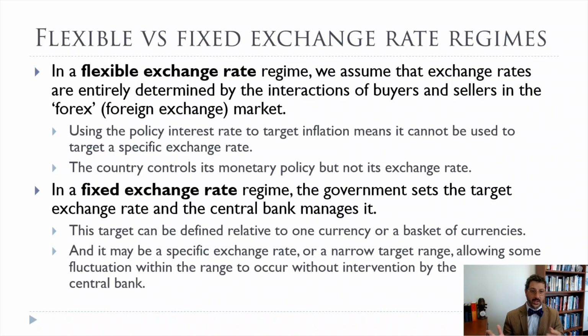So if you go back even 70 years, we had a fixed exchange rate regime where the government sets the target exchange rate and the central bank is responsible for making sure that it follows that fixed exchange rate. For example, you might have $2 per pound or 5 francs per dollar back before the euro.